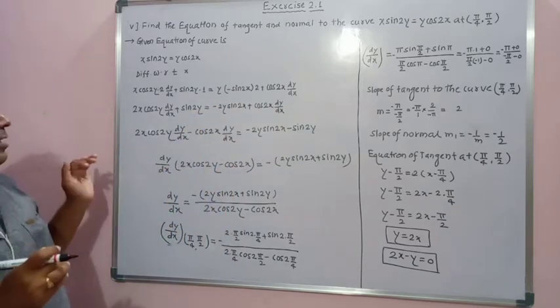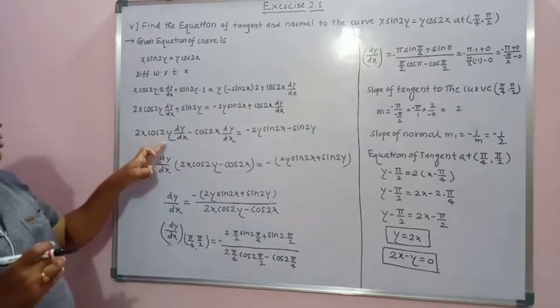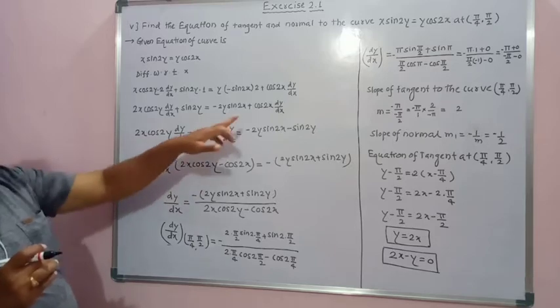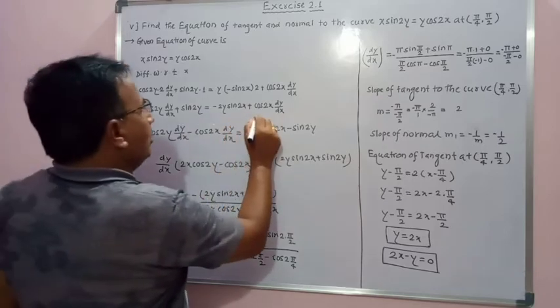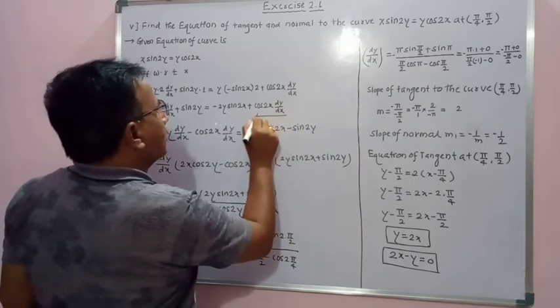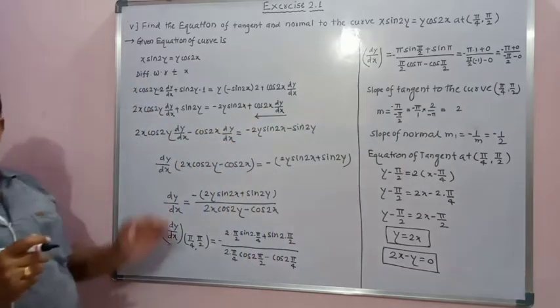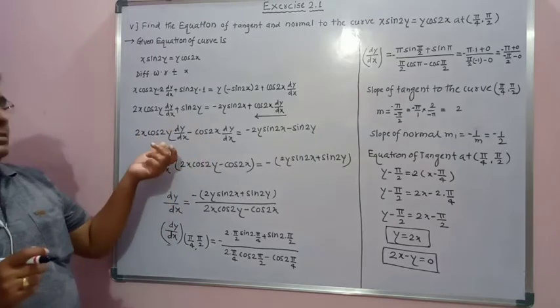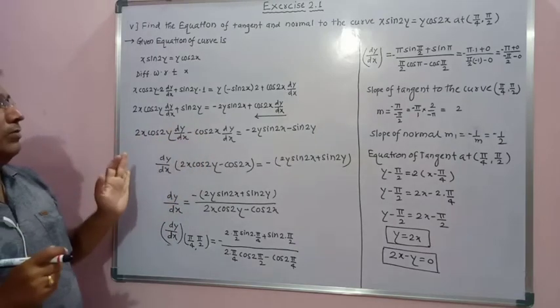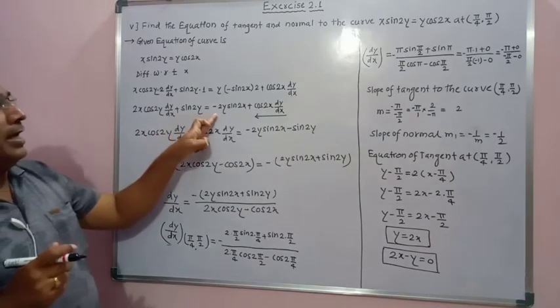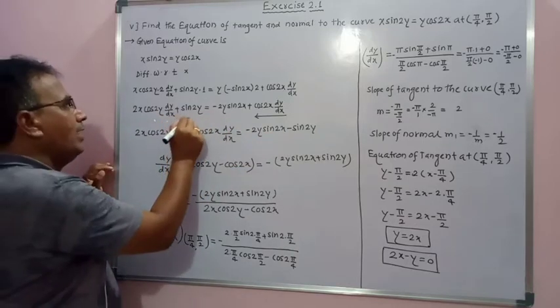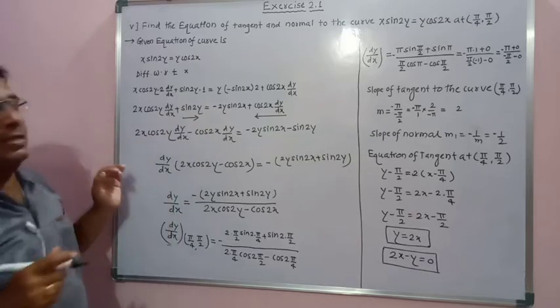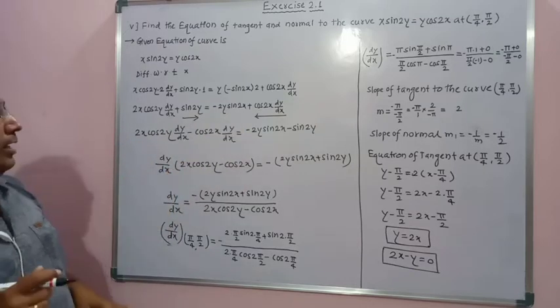Equating the similar terms: 2x into cos 2y into dy by dx, minus cos 2x into dy by dx, equals minus 2y into sin 2x as it is. The sin 2y is transposed to the right side, giving minus sin 2y.